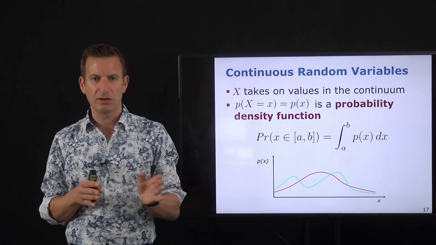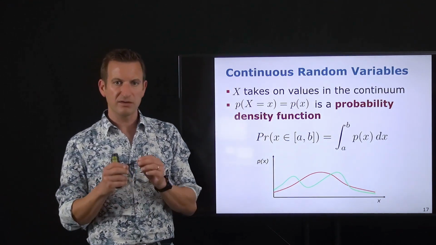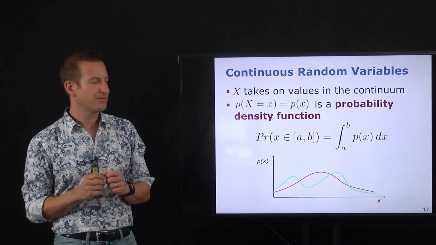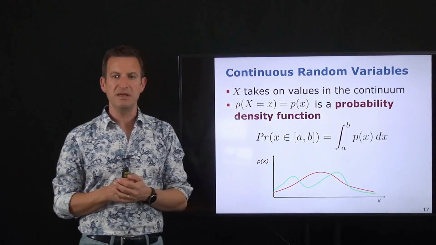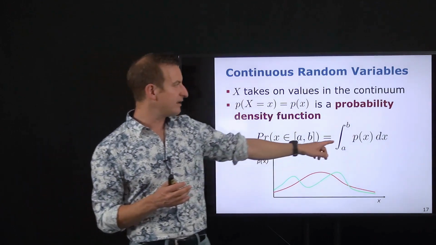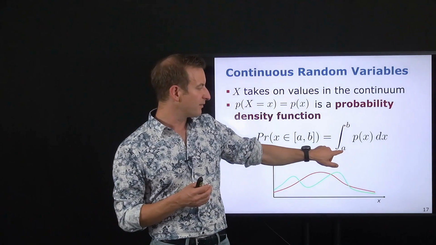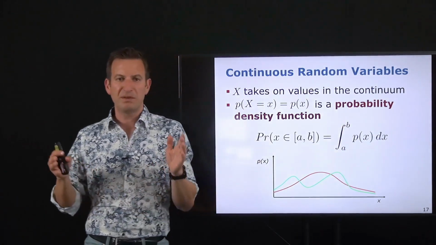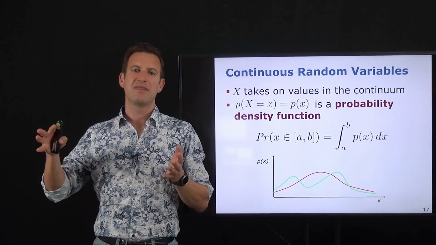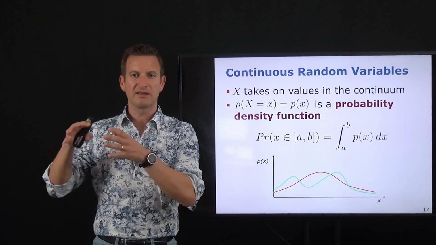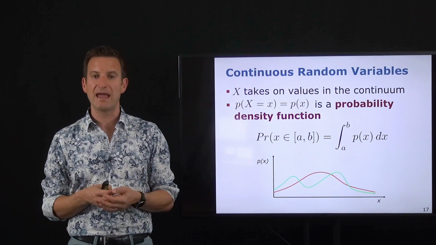The integral over the whole density function, again, is 1, but not the function values themselves. If you want to know the probability that x lies within the interval a and b, we need to integrate over our density function from a to b, and basically collect all the probability mass that lies within this interval. This gives me the probability that the variable x takes values between a and b.